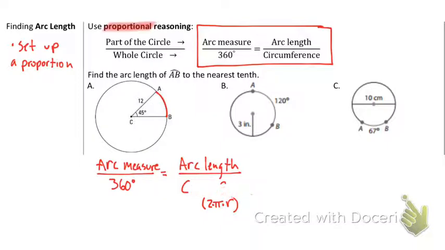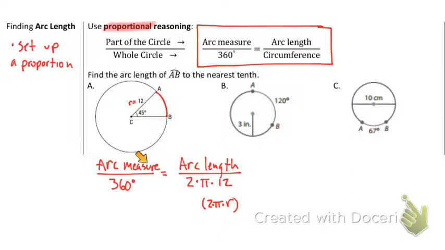So instead of circumference, we're going to use 2 pi r. So 2 times pi, and if you look at my circle, my r is 12. It's the distance from the center to the edge of the circle. So r is equal to 12, and I'm going to plug in 12 here. When I do the math, that's going to give me my circumference.